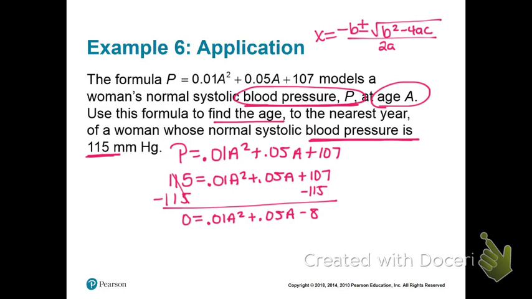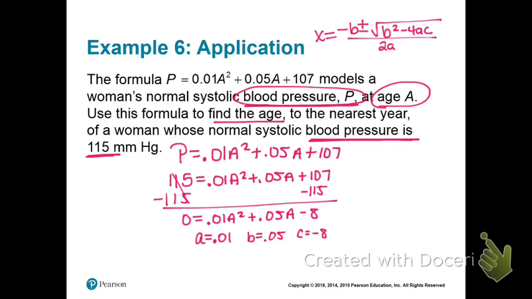I'm solving for capital A, aren't I? But we'll worry about that in a minute. So first I'm going to find my a, b, and c. What represents the little a? 0.01. What represents the b? 0.05. And c? Negative 8.